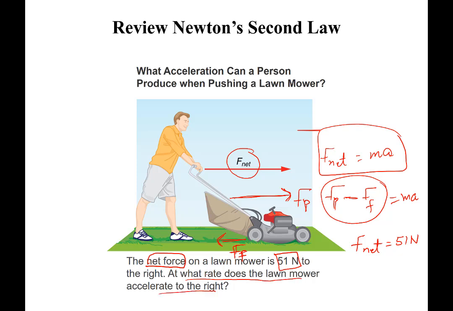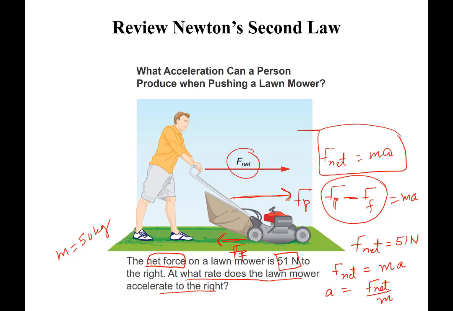So we need to know the mass for this one. So for example, if the mass is given equivalent to 50 kgs, I can find out the acceleration, because F net is equivalent to mass times acceleration. A will be equivalent to F net over mass.